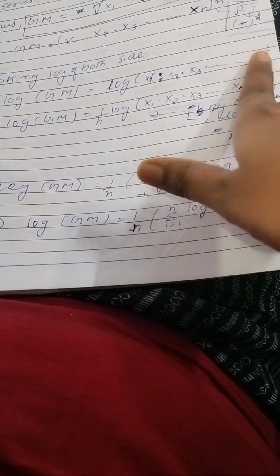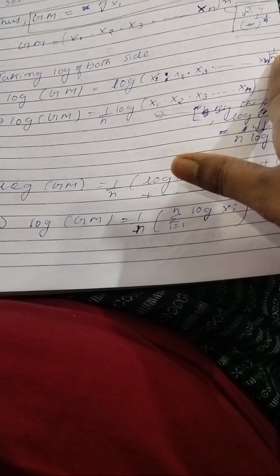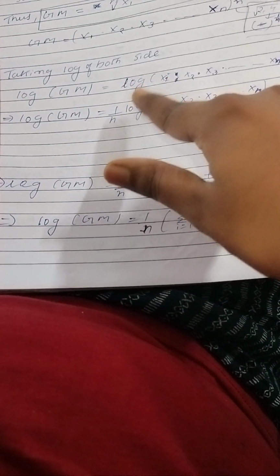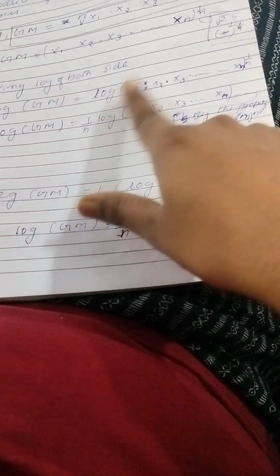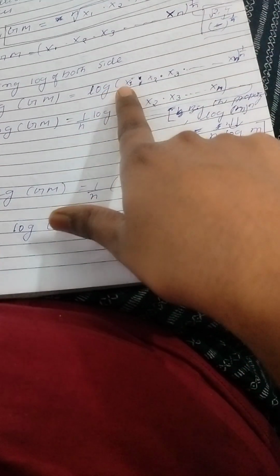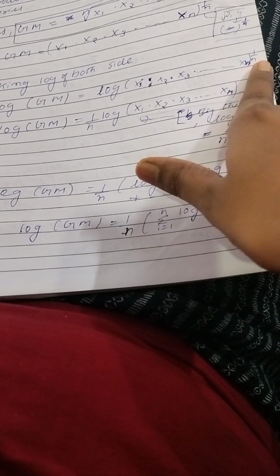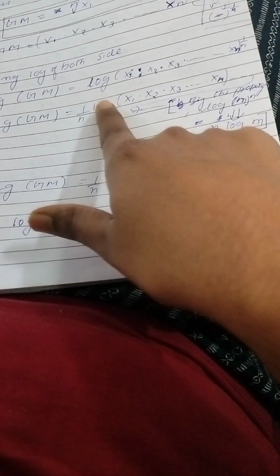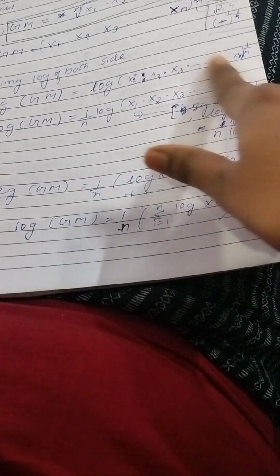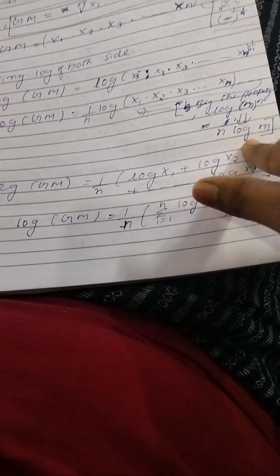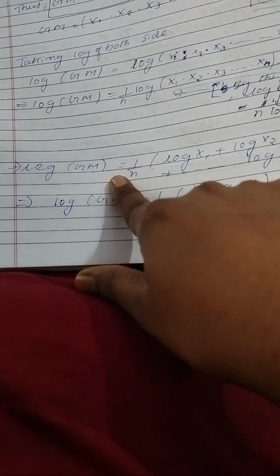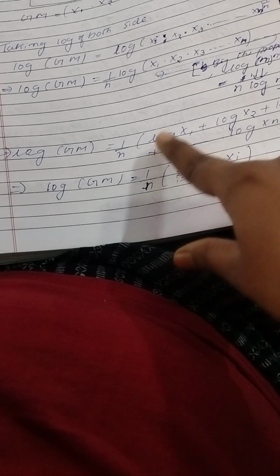Then in the next step, 1 by n is written first because it is in log form, where the power is written first, then the log. Then we have log GM is 1 by n log x1 plus log x2 plus log x3.